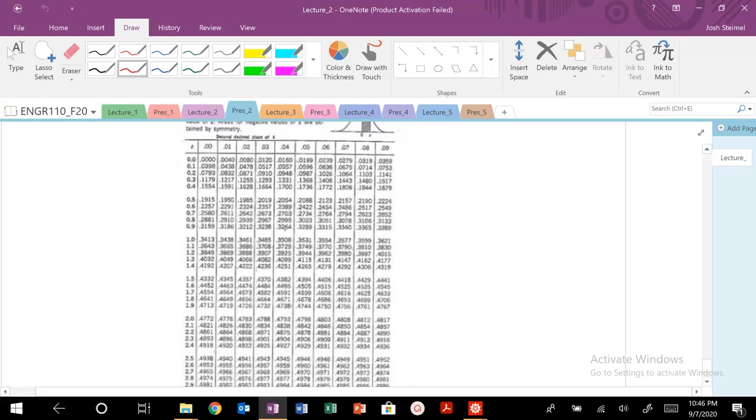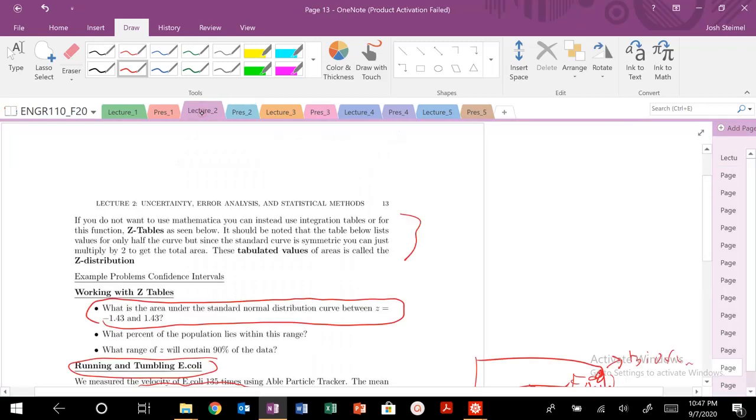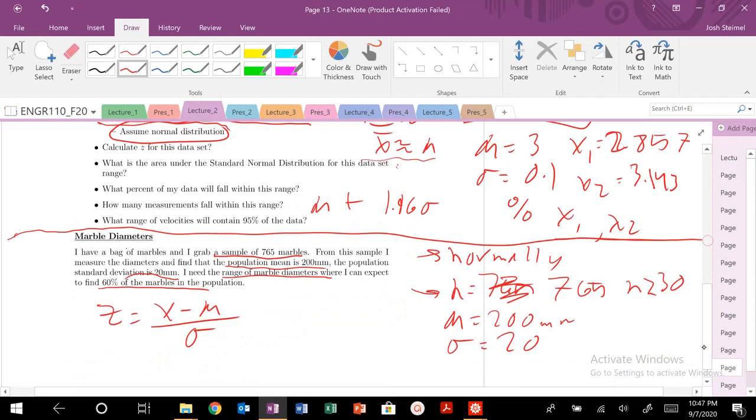So you can see here, between here and here. So 0.84, 0.85, whichever one you pick, it's not going to make that much of a difference. So we know that our z for 60% is going to be equal to plus or minus 0.845, and now we solve.